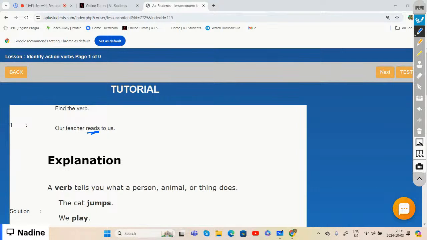So, reads is the verb, it's the action that is taking place.